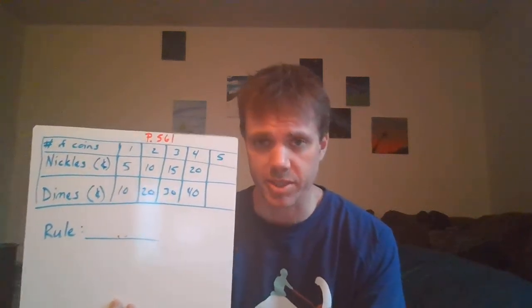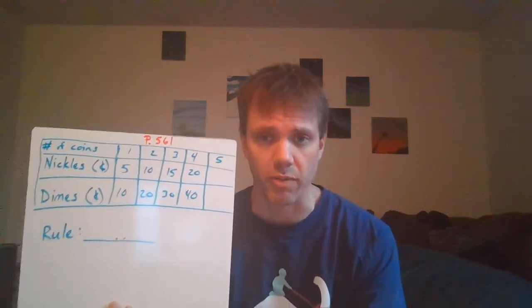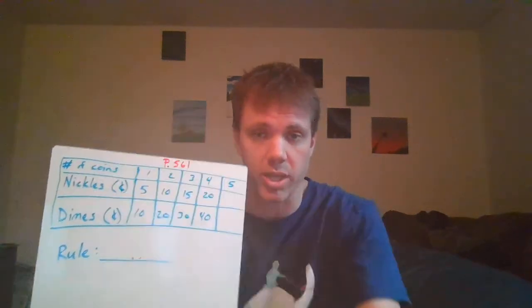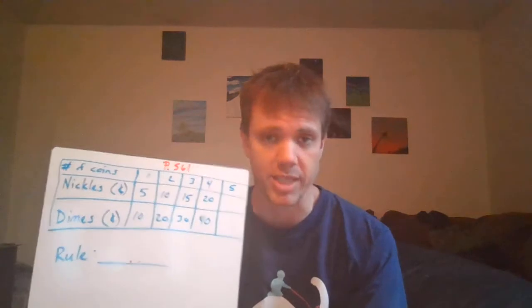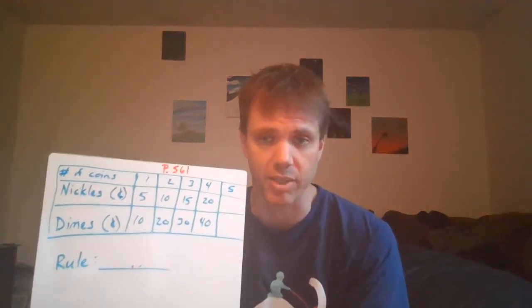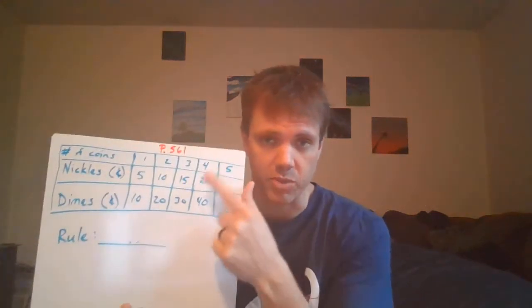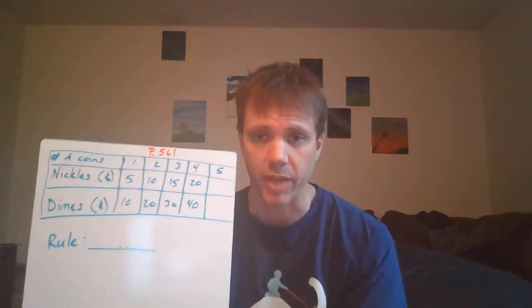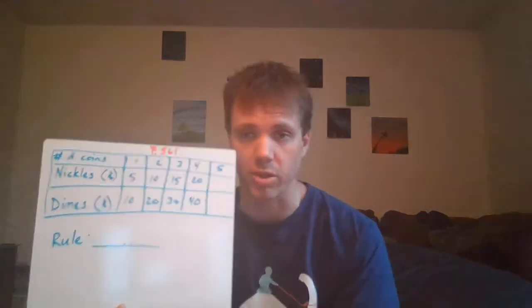But notice that all of a sudden, we have a lot of rules that are available to us, right? If we only had the dimes, so if we just went 10, 20, 30, 40, we're counting by 10, so you just add 10 every time. But now, since we have this chart, we basically have ordered pairs. And there's a lot of different rules that we could look at.